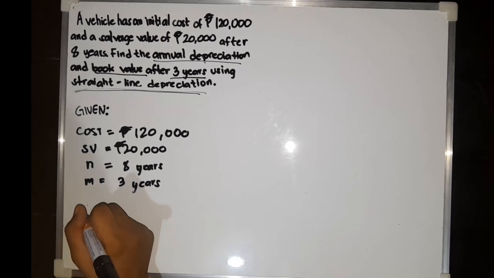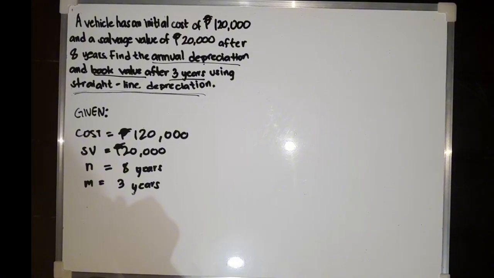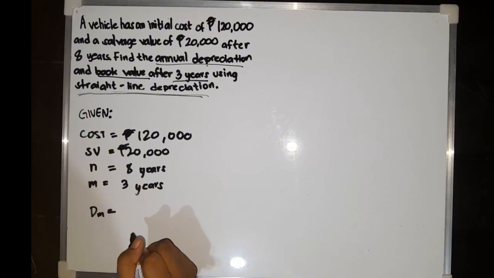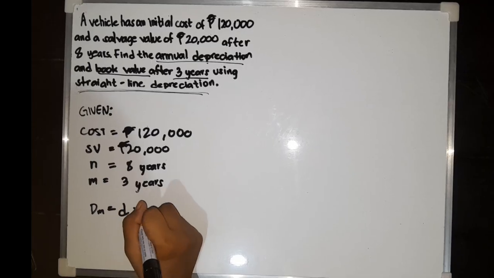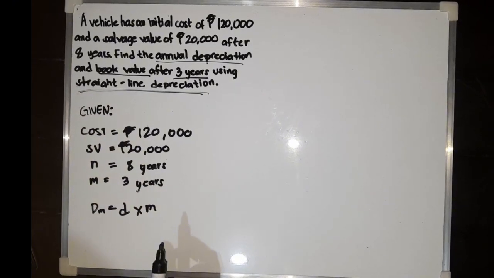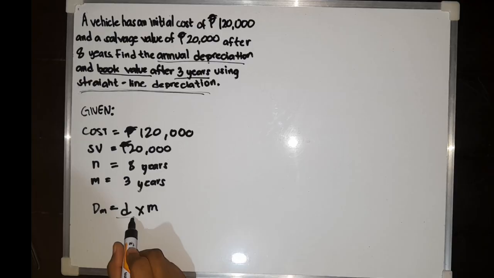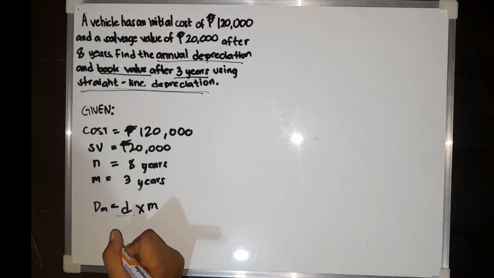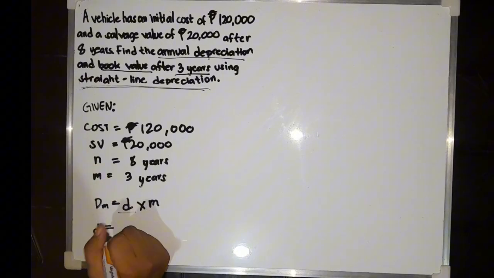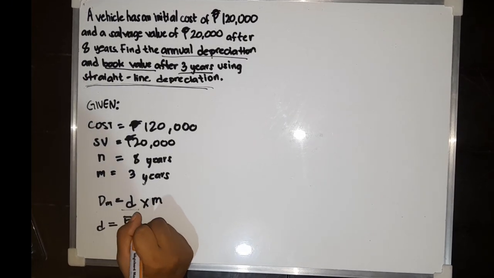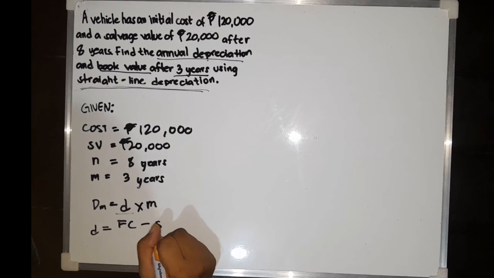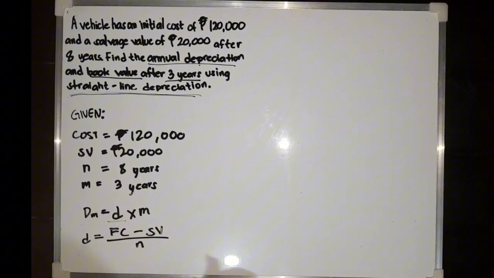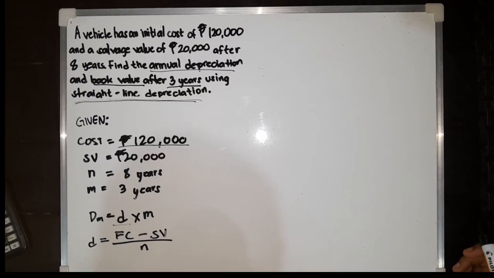So the total depreciation after M years is D sub M is equal to D times M. But since we don't have D, we should first solve for D. The formula is D is equal to first cost minus salvage value over N, the useful life. Then we will substitute the values.